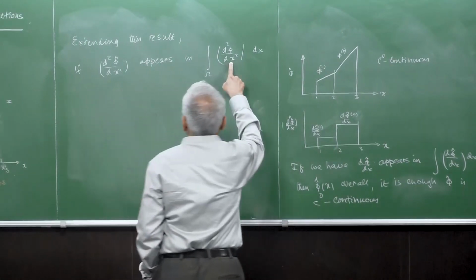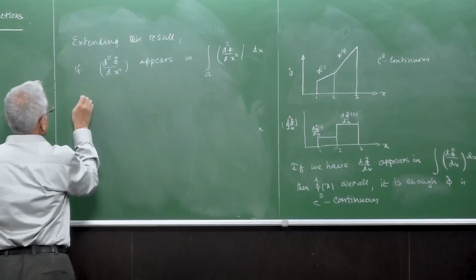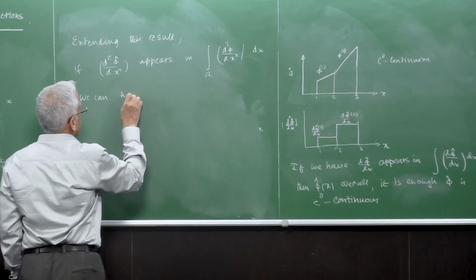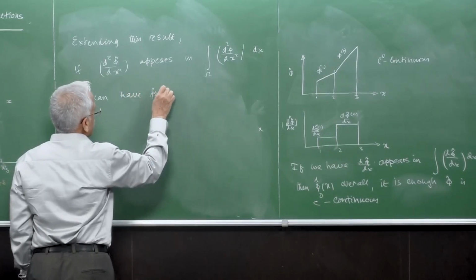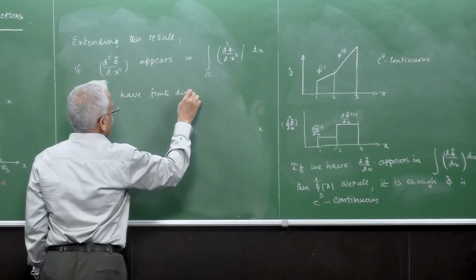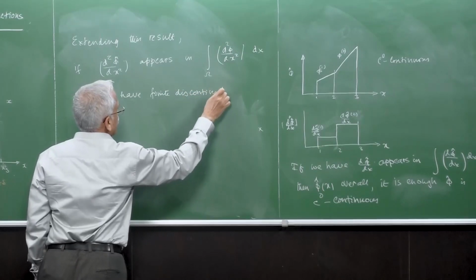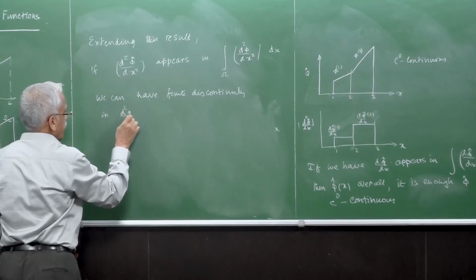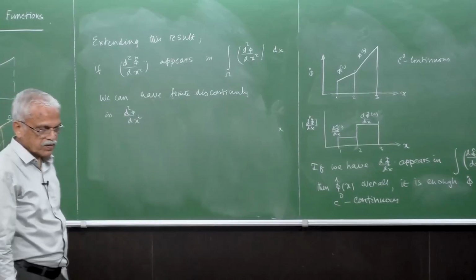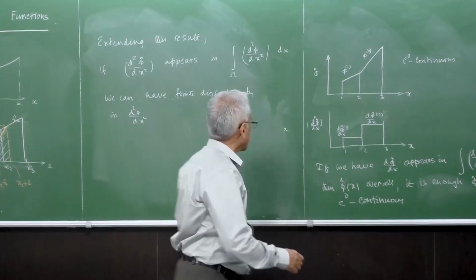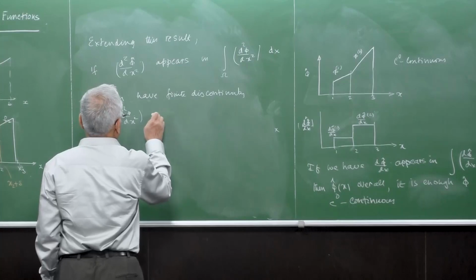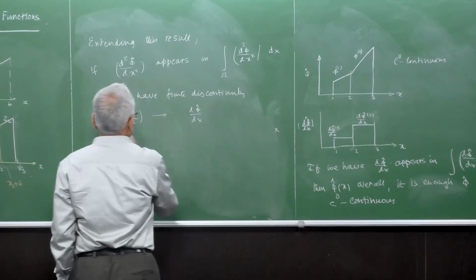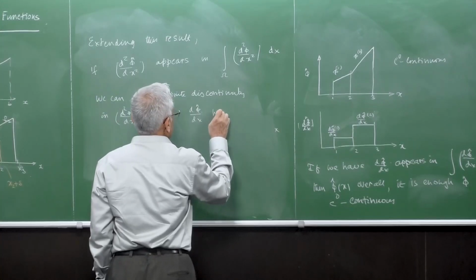That means that d² can have a finite discontinuity. If there is a finite discontinuity in d², that says that dφ̂/dx has to be continuous.